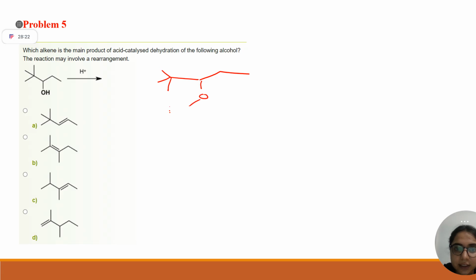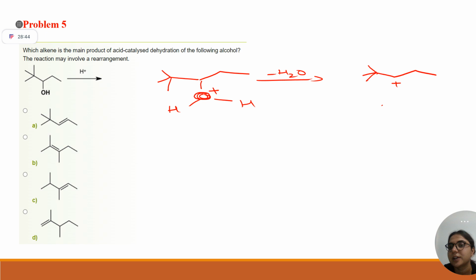Obviously, if H plus is there, among all of this only this oxygen lone pair can abstract it. It will become positive. Now H2O will leave and it will become a carbocation.